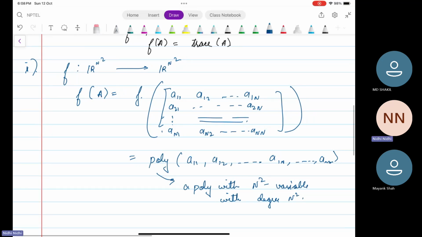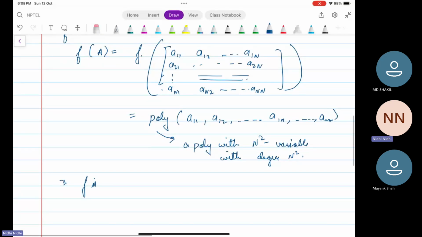Since we know that every polynomial is differentiable, in fact, infinitely many times differentiable, the function is differentiable. Next, let's look at the transpose map.